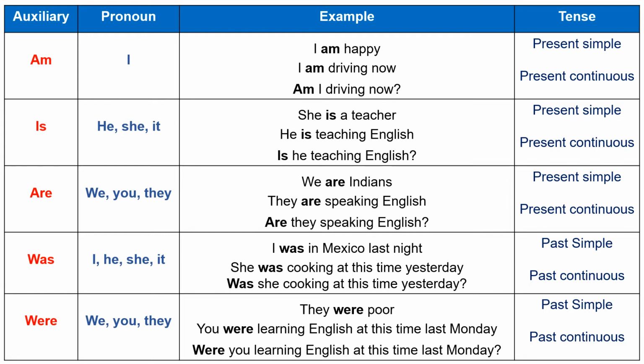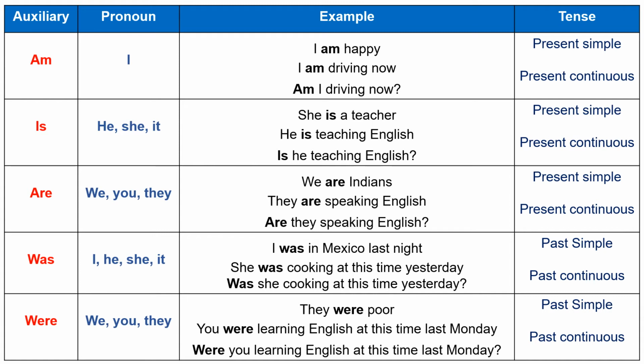Next, were. It is used with we, you, and they, and also any plural form nouns. Were auxiliary verb is used in past simple and in past continuous tenses. Example: they were poor. In this sentence, were is main verb.